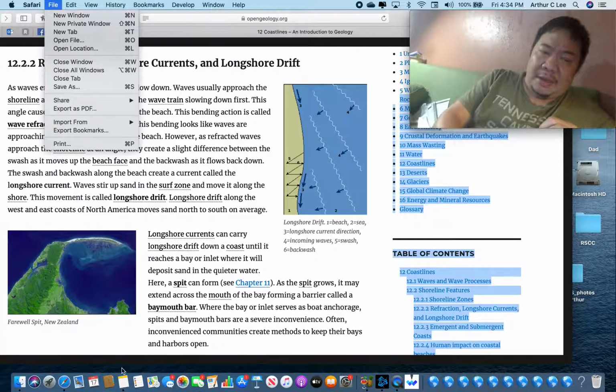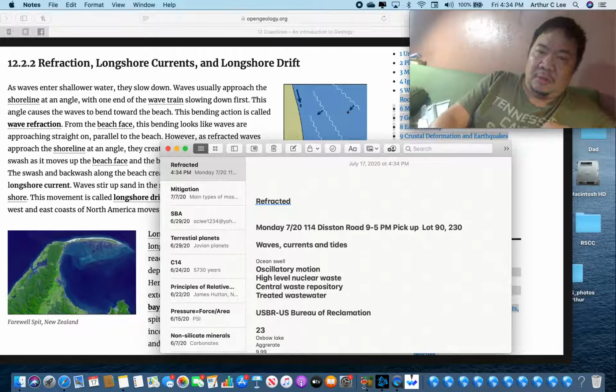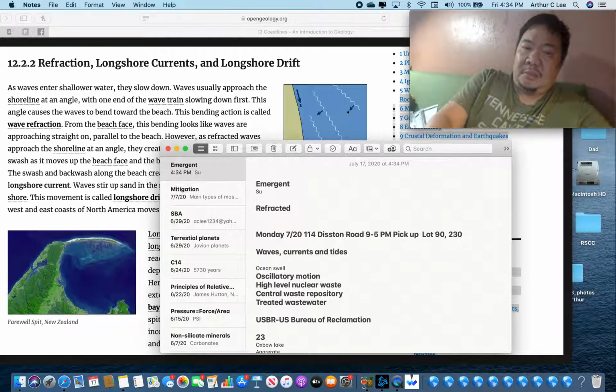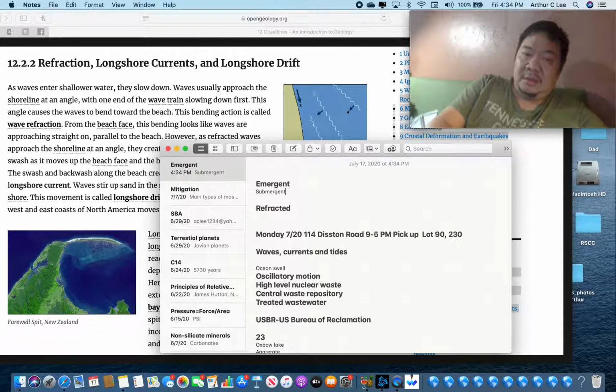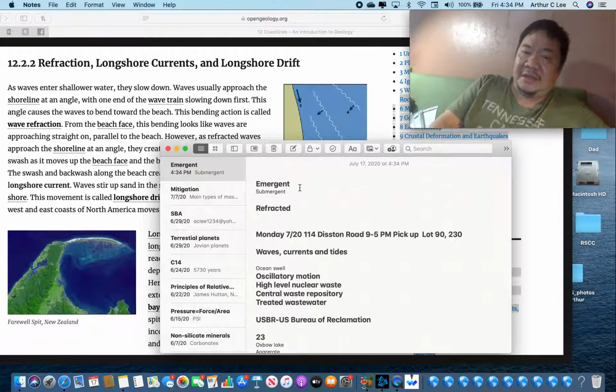Next thing we're going to learn about is these two terms: emergent coastline versus a submergent coastline. Okay, we need to know what the difference between an emergent and a submergent coastline is.